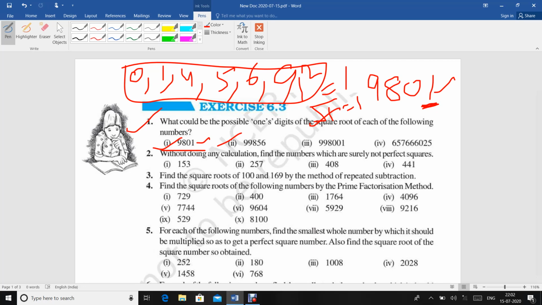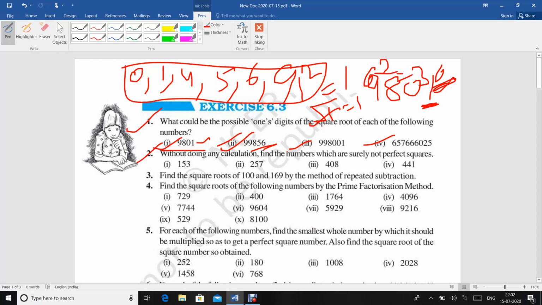Therefore the possible unit digit of the number 99,856 is 6, because the square of 6 is equal to 36. Here also the unit digit is 6. Similarly you can find out the unit digit for the 3rd and 4th parts. Let us move towards the next question.